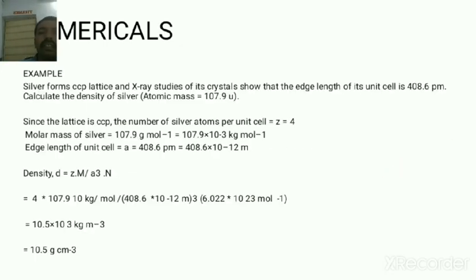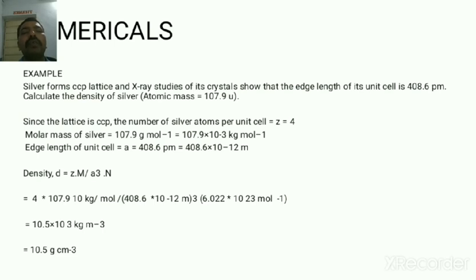Second numerical: silver forms a CCP lattice. CCP means FCC lattice, in which Z is equal to 4. And X-ray studies of its crystal show that the edge length of its unit cell is 408.6 picometer. Calculate the density of silver.